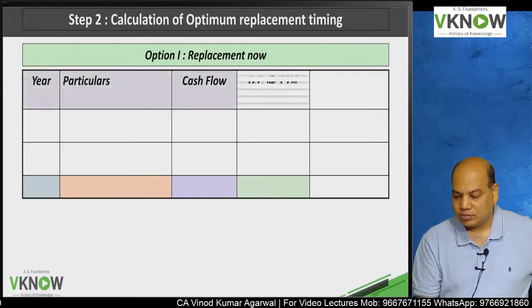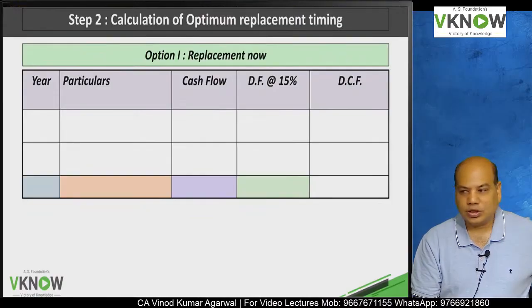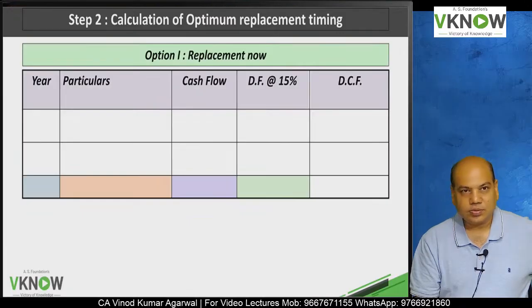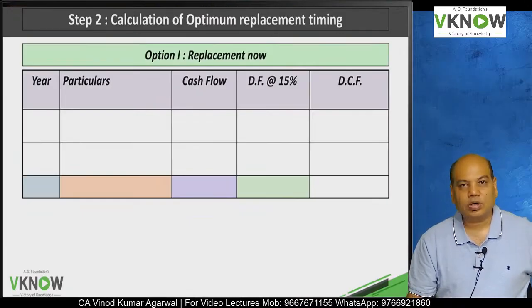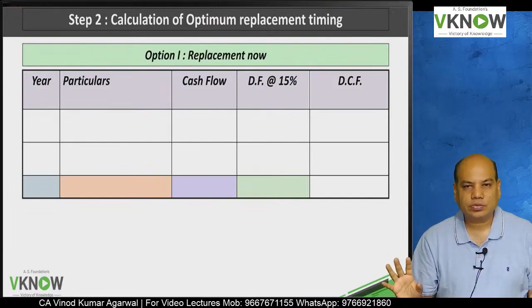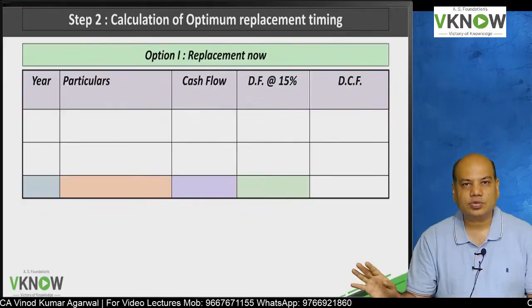Then draw this table: year, particulars, cash flow, discounting factor at 15%, discounted cash flow. Now we have to only write those cash flows which we are going to receive or pay in the first 2 years.